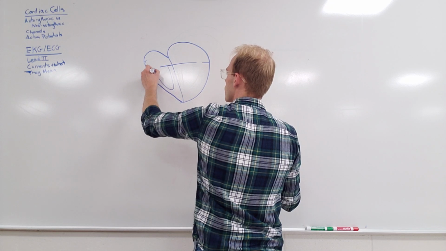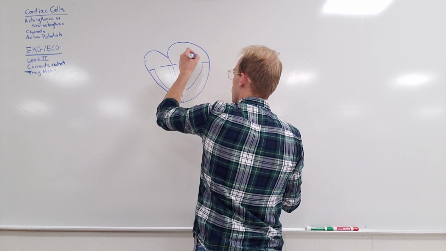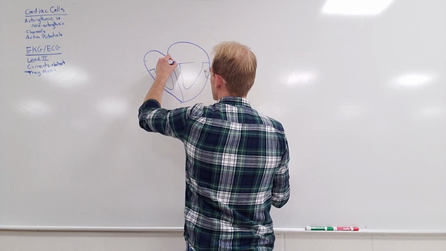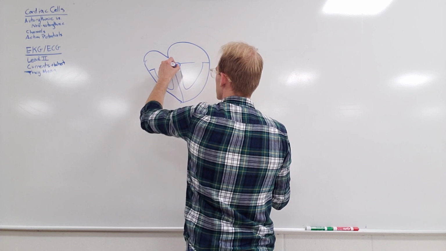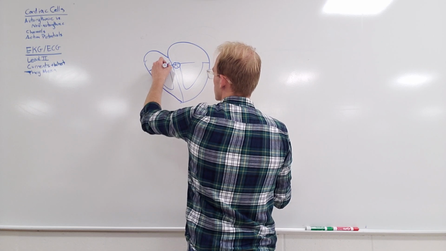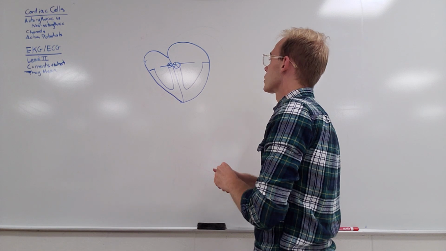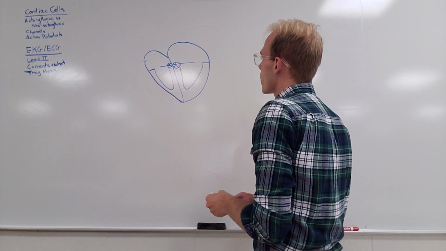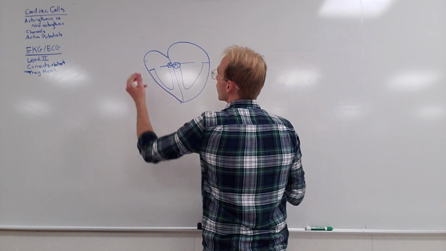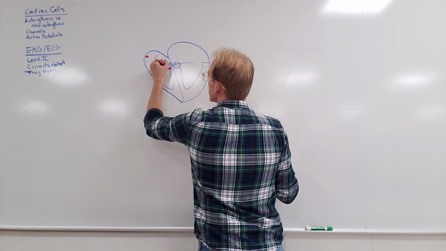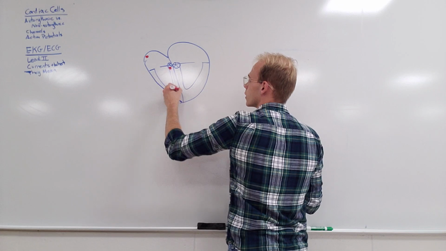Here's our septum. Okay, atria. Here's our aorta. Pulmonary semilunar valve, aortic semilunar valve. Okay, and I'm going to draw in here's our SA node, here's our AV node, and then fibers.